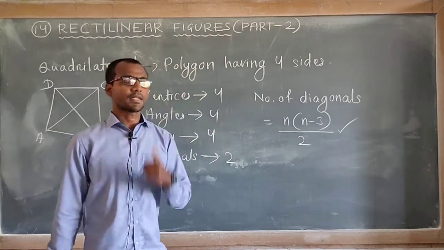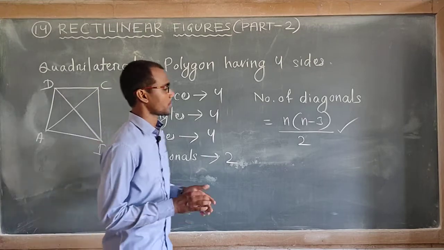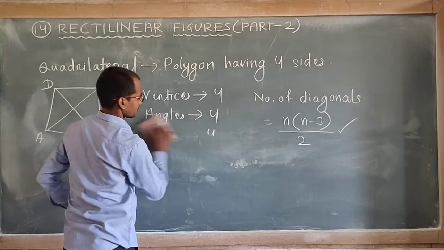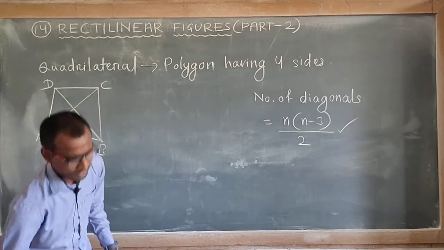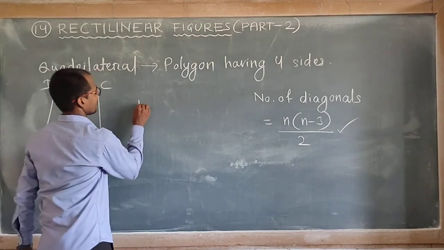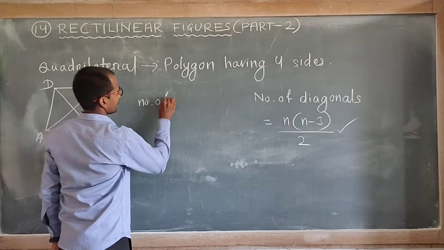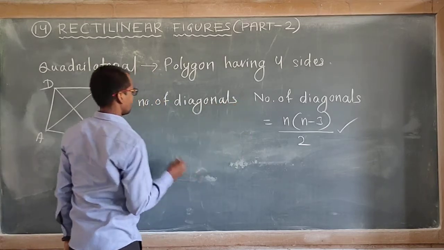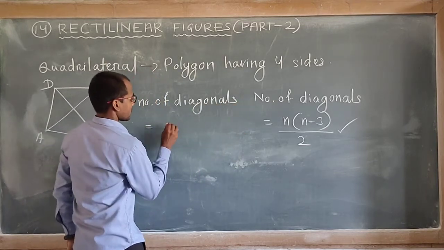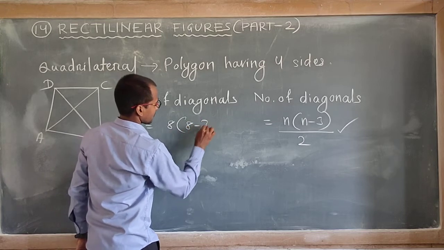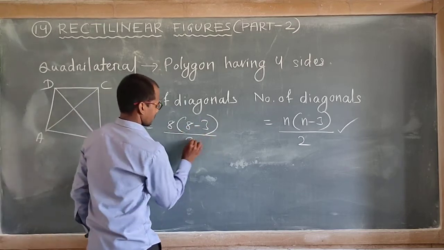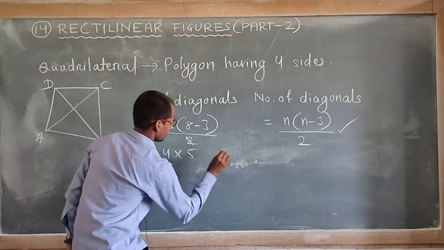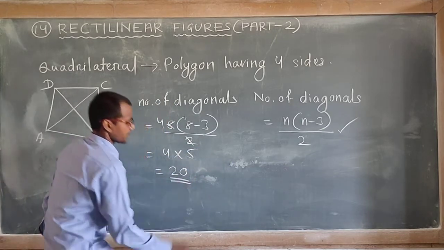Suppose a polygon has 8 sides. The number of diagonals will be n is equal to 8, 8 into 8 minus 3 by 2. 2 4s are 8, 4 into 5, that is 20.